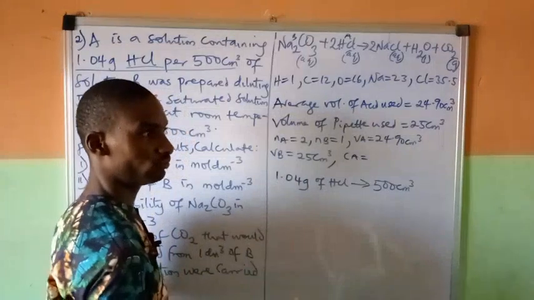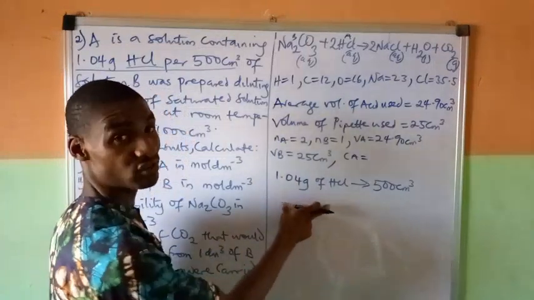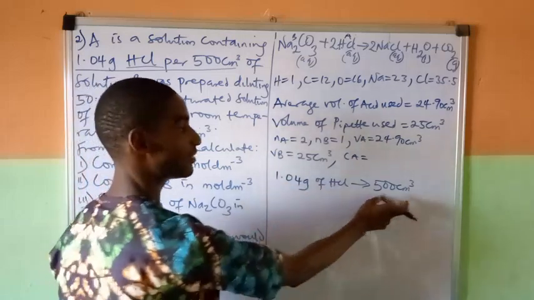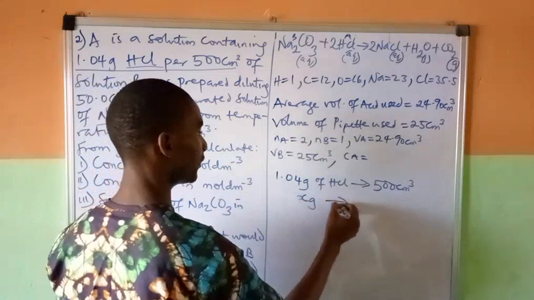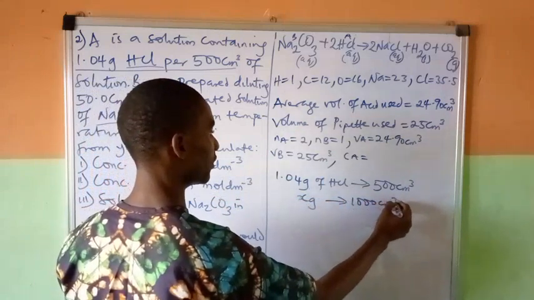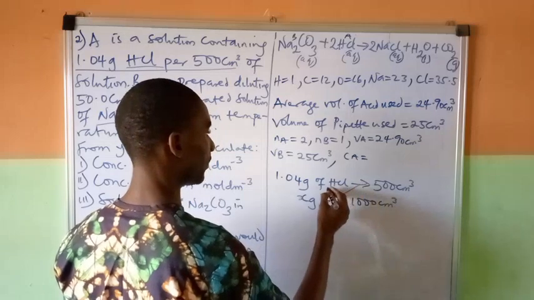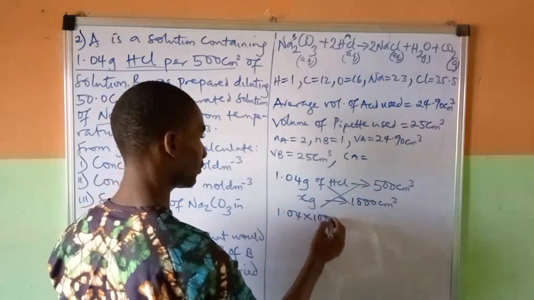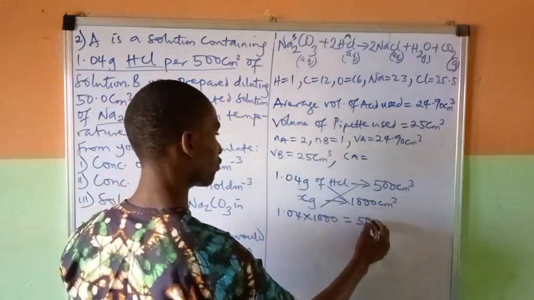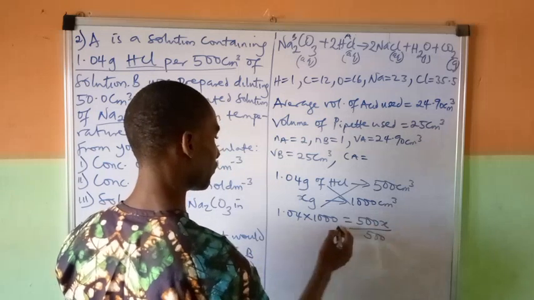Mass concentration is the amount in grams present in 1000 cm3, so I say x gram is present in 1000 cm3. Cross multiplying, 1.04 times 1000 equals 500x. Divide both sides by 500.